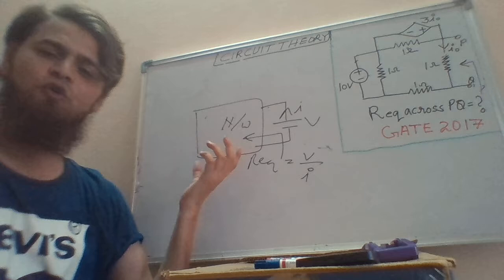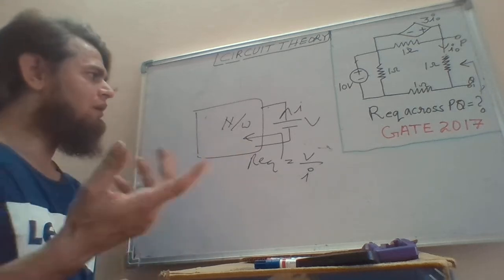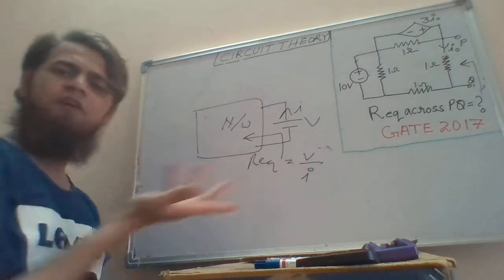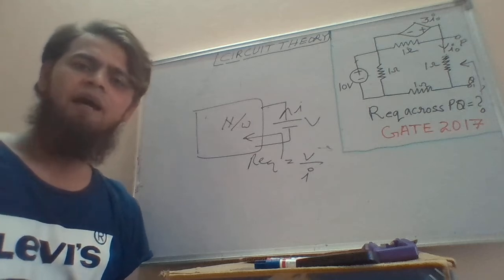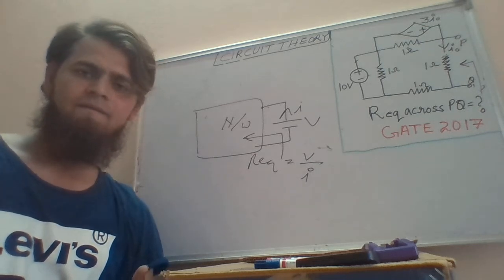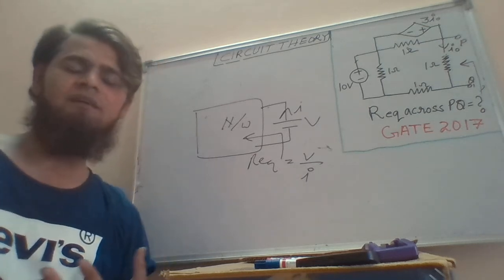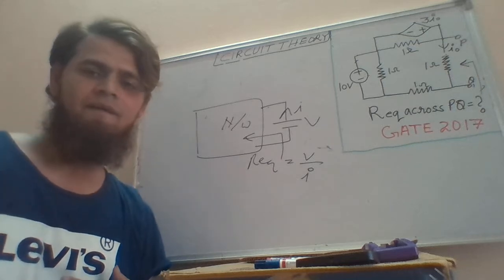मैं independent source को kill नहीं कर रहा हूँ, still I should get some ratio of V upon I, and I should call it R equivalent. Why should it be a wrong answer? Why should it be problematic?